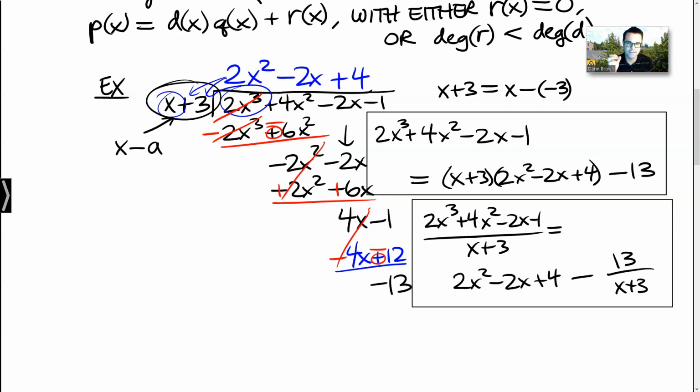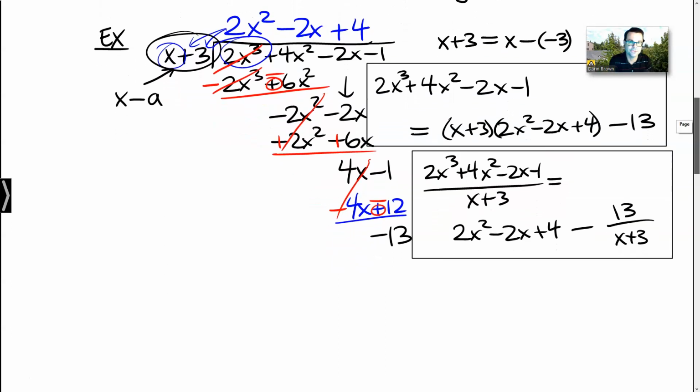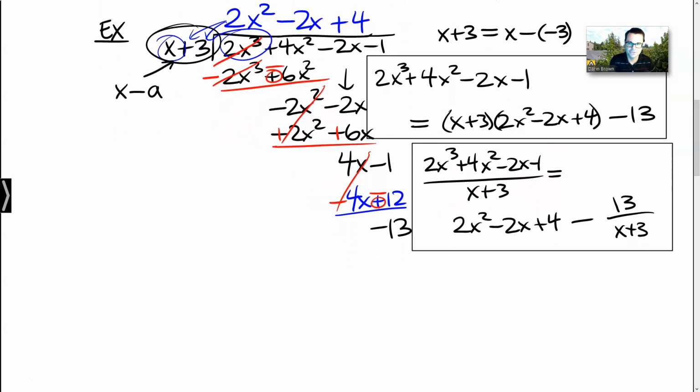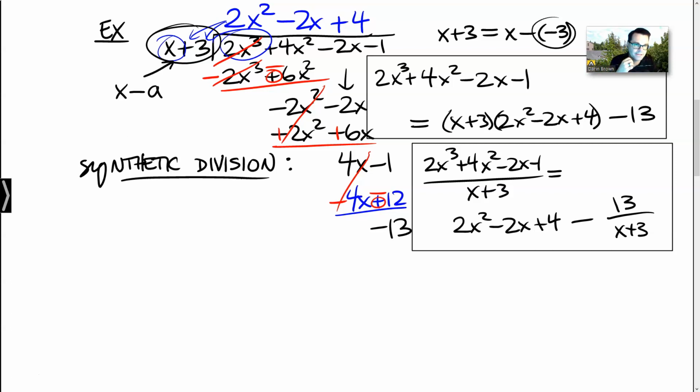Okay, that's fine. But here's an easier way to do this using what's called synthetic division. I'm not going to go through why exactly this works, but it's based on the idea that the only real stuff going on here has to do with the coefficients. Everything else is placeholders. So here's what I can do. X plus 3 is x minus a negative 3.